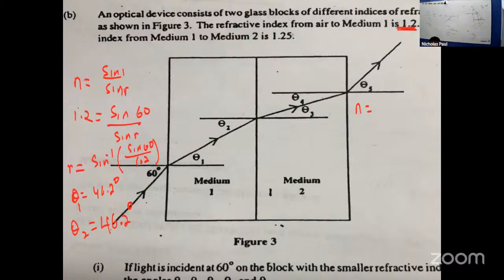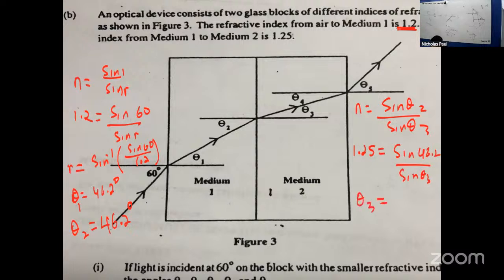Same formula. So it's sine theta 2 over sine theta 3. What's the refractive index we're using now, Navia? 1.25, right? So that's sine 46.2 all over sine theta 3. What did you all get for theta 3? 35.3.